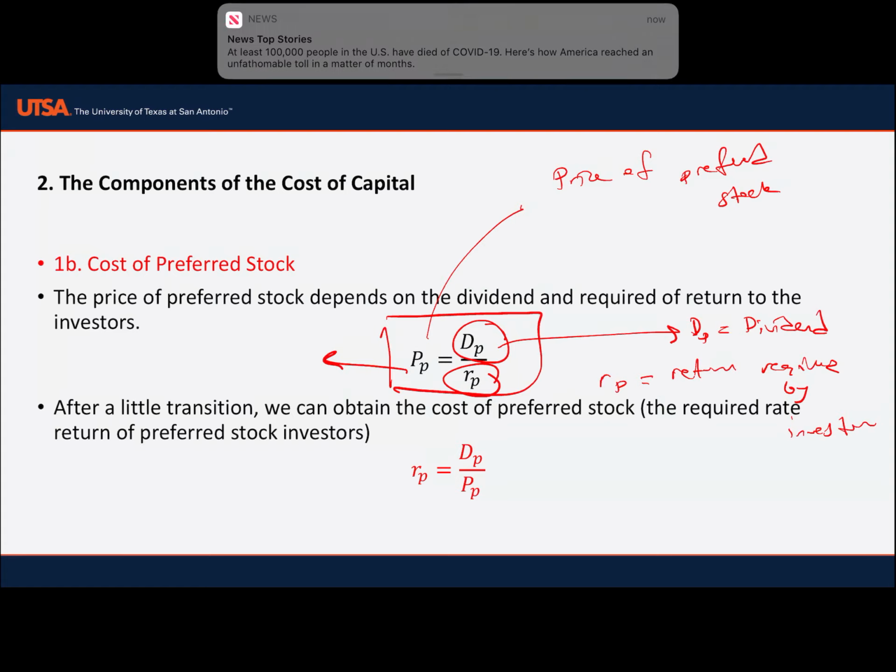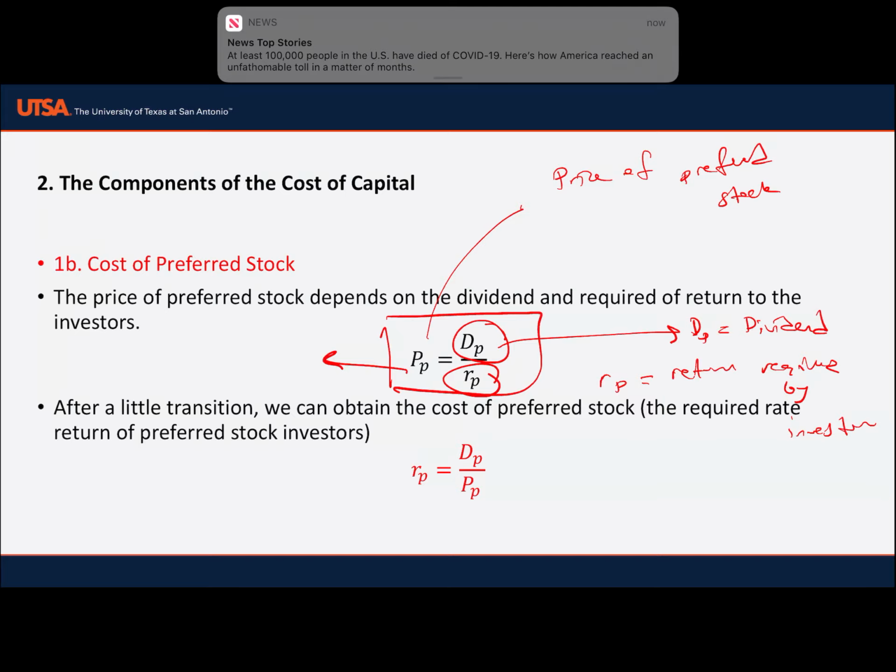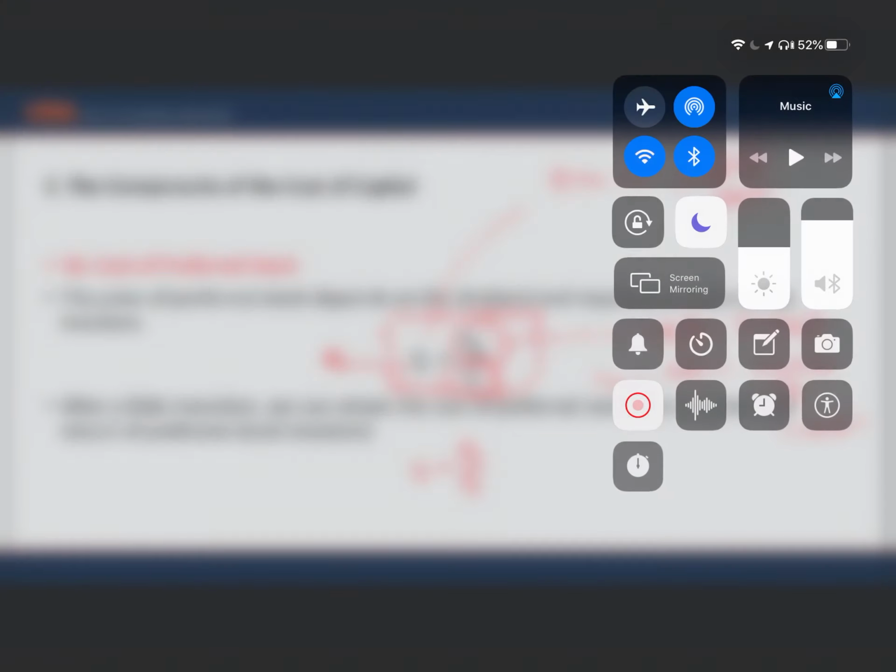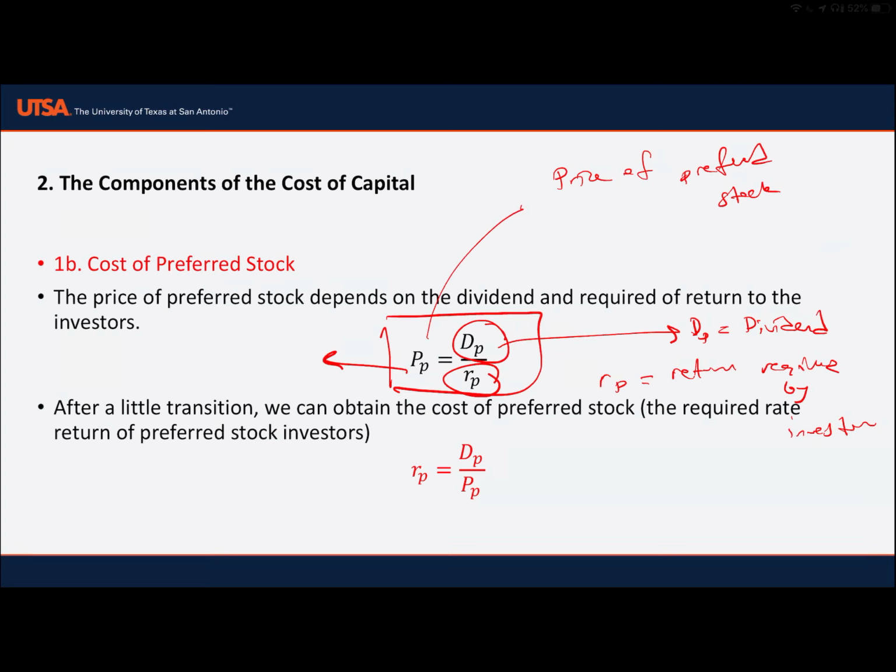So the equation may be rearranged to isolate the yield or the firm's cost of preferred stock.